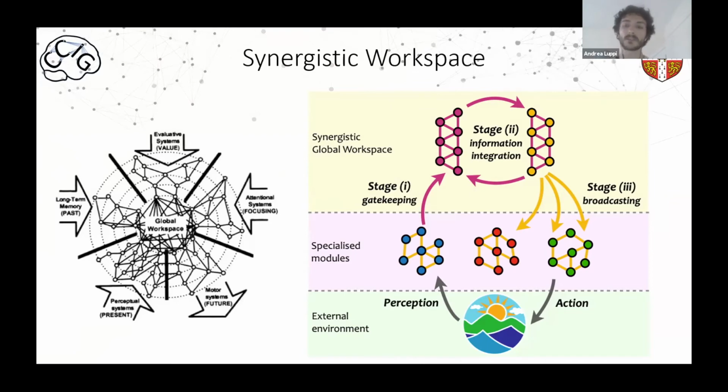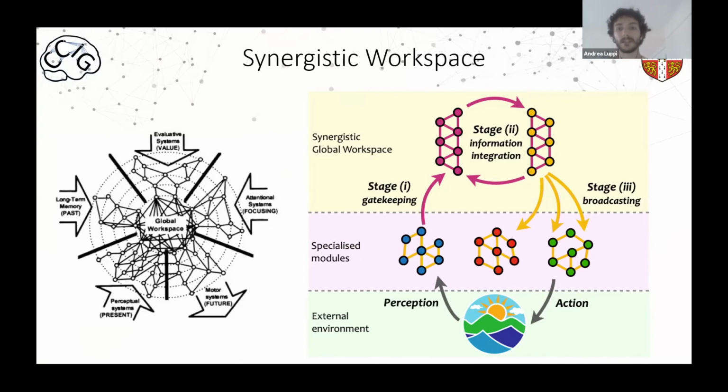But if the workspace is a set of regions rather than just one region, then maybe there are separate parts of it that are dedicated more closely to the integration and separate parts that are dedicated more closely to the broadcasting. And in particular, these broadcasters need to be creating redundancy, by which I mean that when something is broadcasted, by definition, there exist copies of it that are present at multiple locations, which means that something that is broadcasted becomes redundantly present in the system.